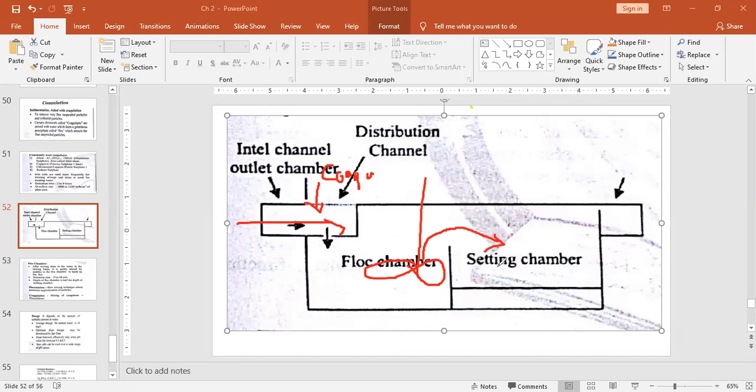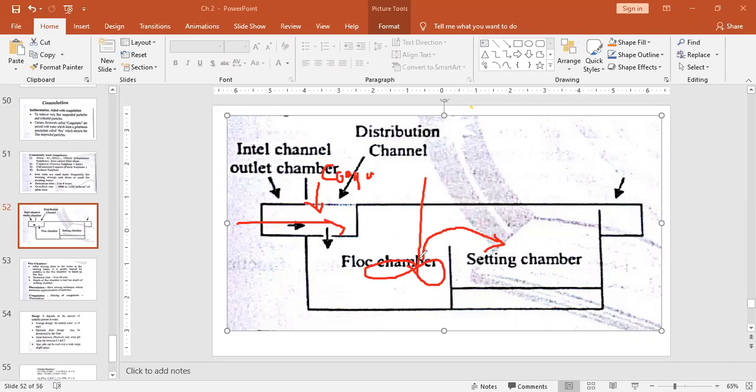We are not allowing random movements of the water. So what happens because of that? Here the reaction will get completed. The mixing and the reactions will get completed.